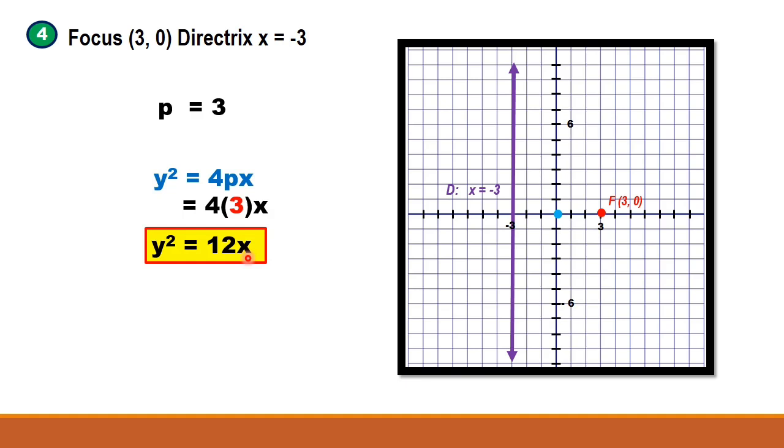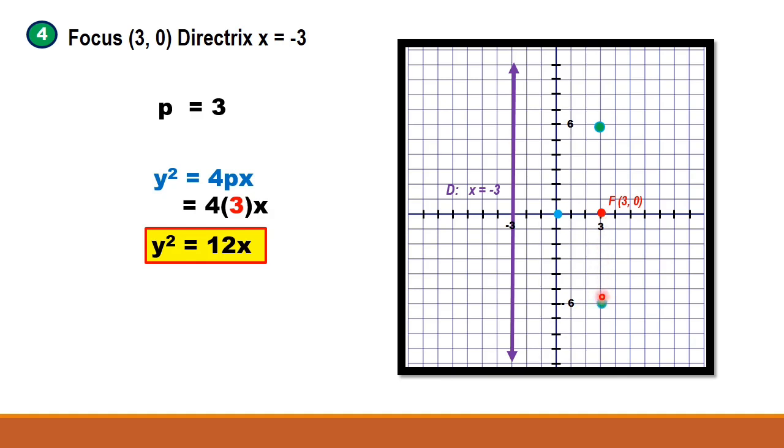For the latus rectum is equal to the absolute value of 4p. So what is 4p? 12. So this is 2p and this is 2p, or this is 6 and this is 6. So let's count from focus: 1, 2, 3, 4, 5, 6 is the point, and the other point is also 6 away.